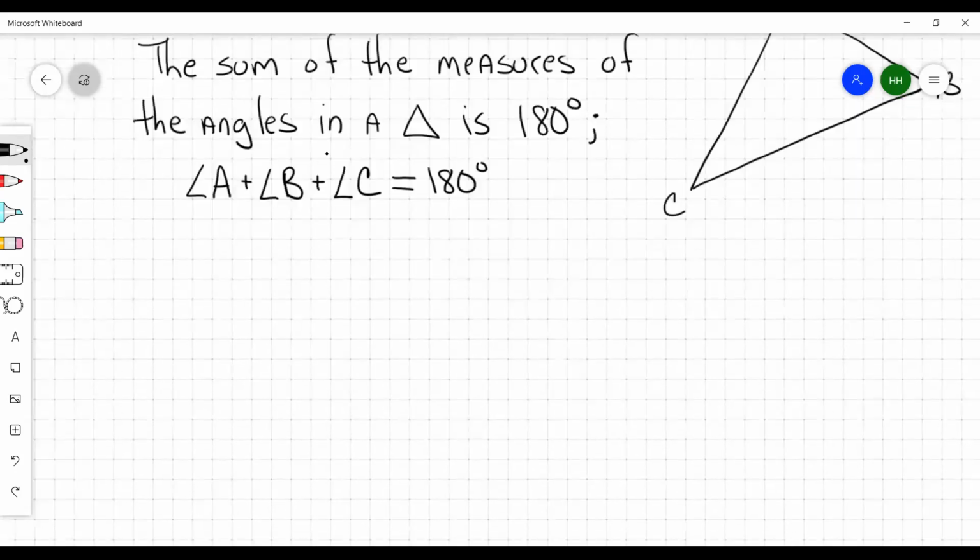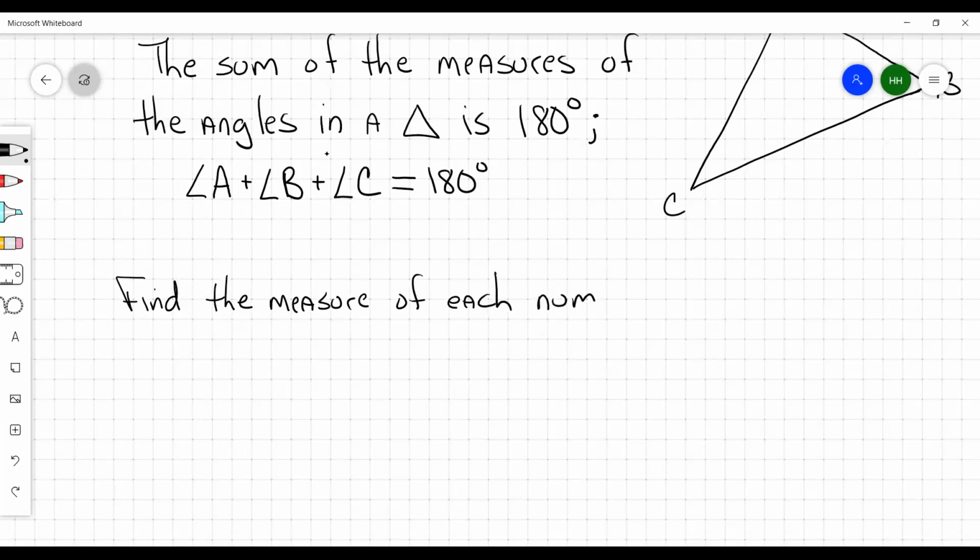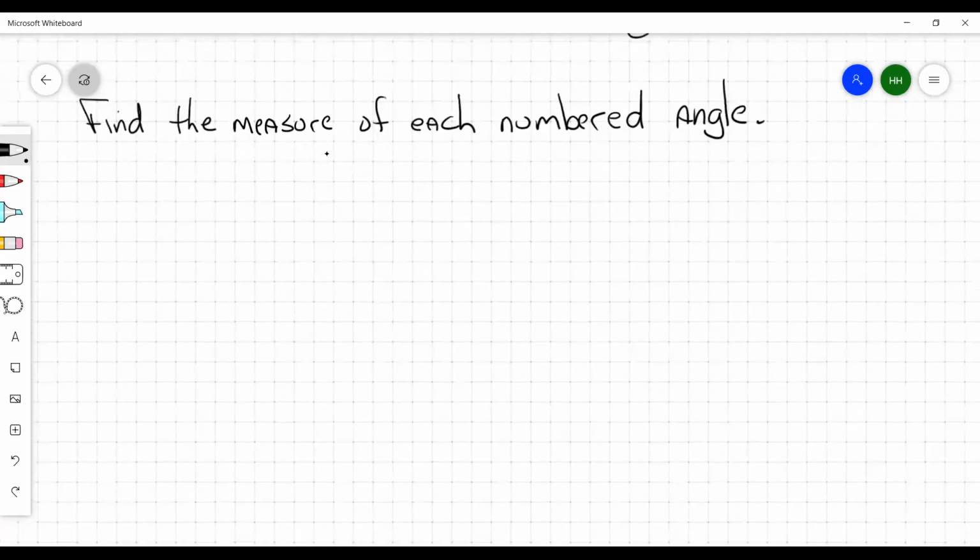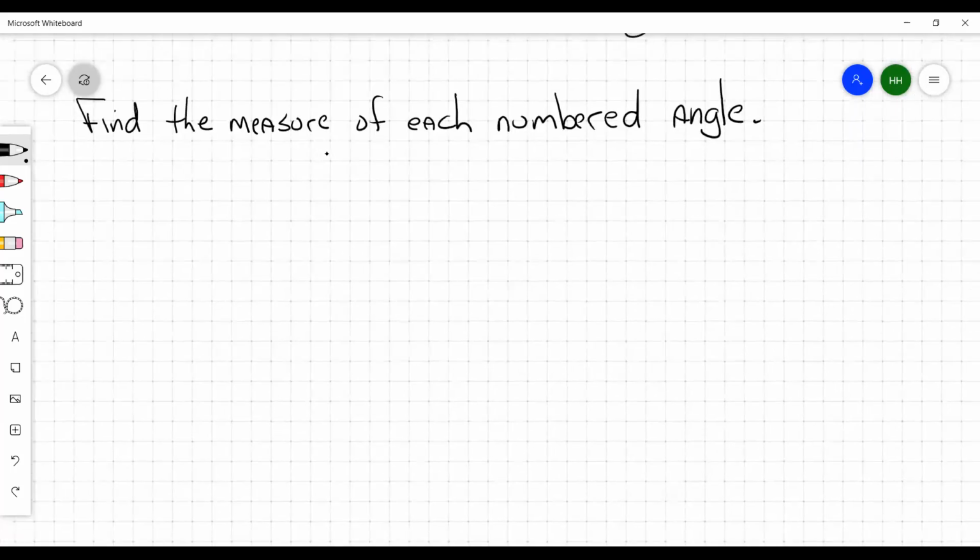You're going to be asked to find a measure of each numbered angle. All right, so here's our diagram. We've got a triangle. We've got a couple of triangles here. It kind of looks like this.